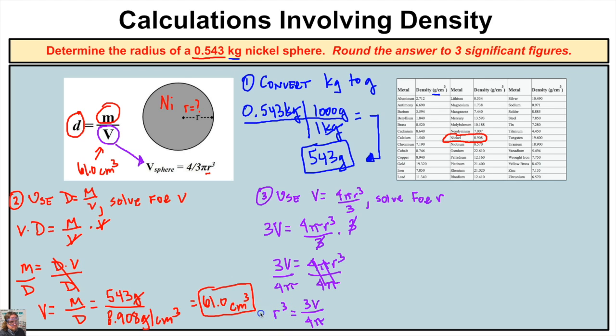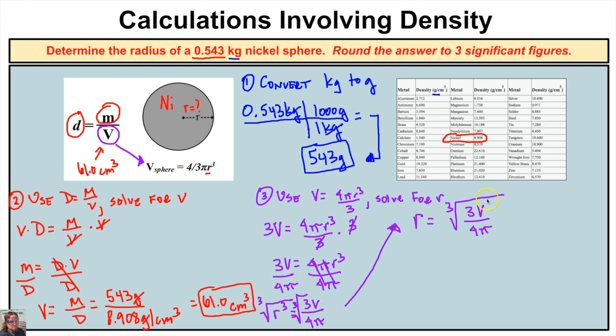What we can now do is take the cubed root of both sides. And if we take the cubed root of both sides, what we will end up with is r equaling the cubed root of 3V over 4 pi. And that's that, right? So now we're solving for the radius.